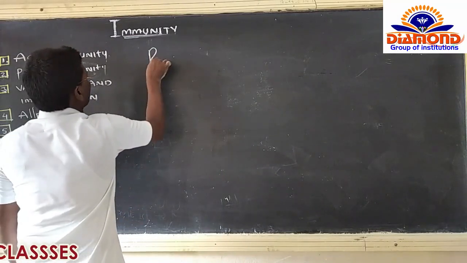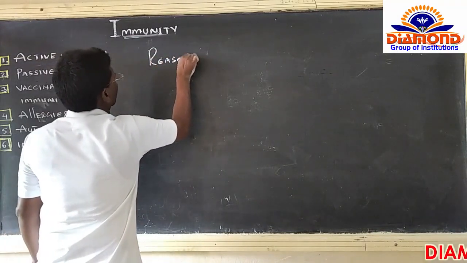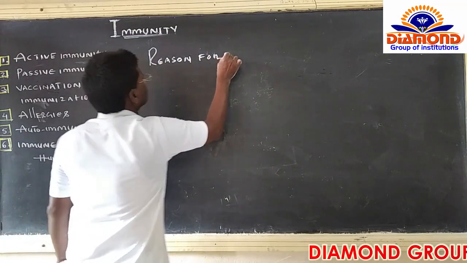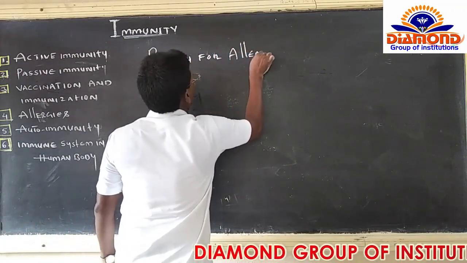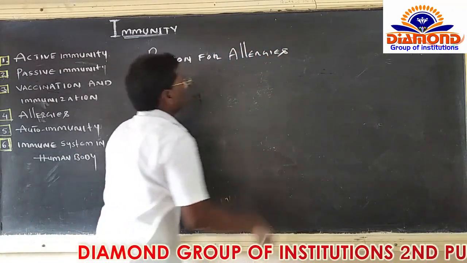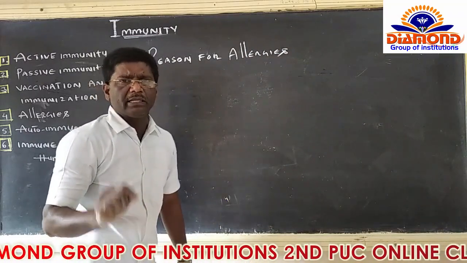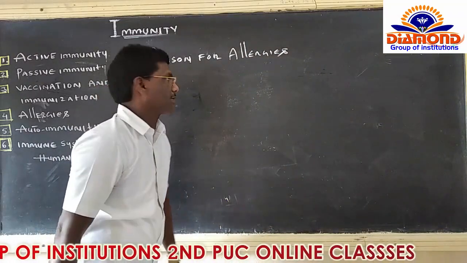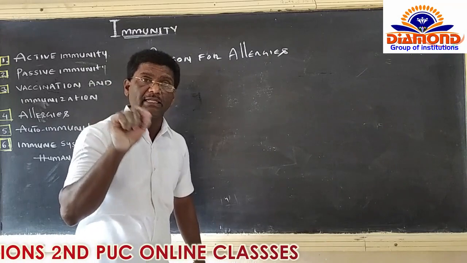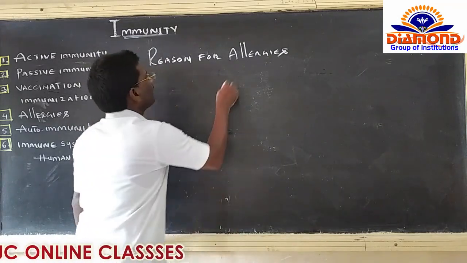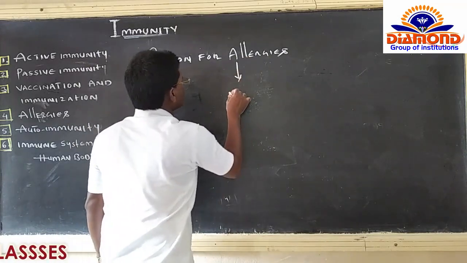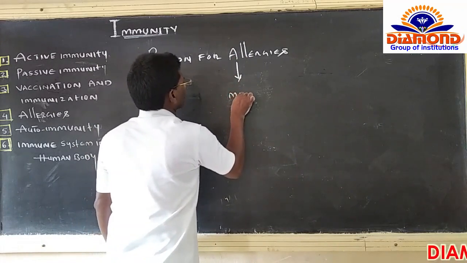Actually, the reason for allergies, I already mentioned very clearly. The basic reason behind allergies is allergens. Whenever allergens get entry inside the human body, immediately our mast cells are activated.